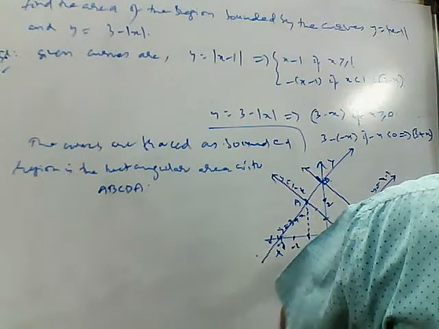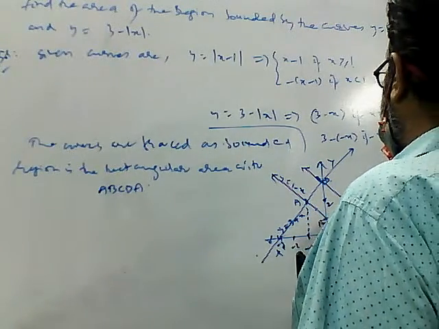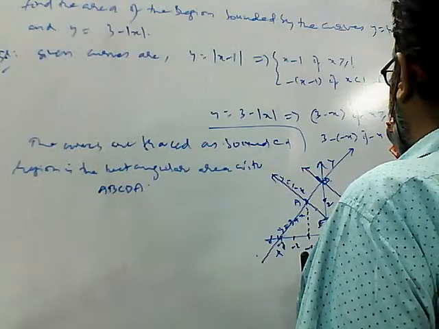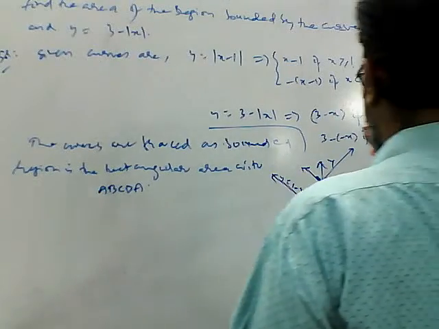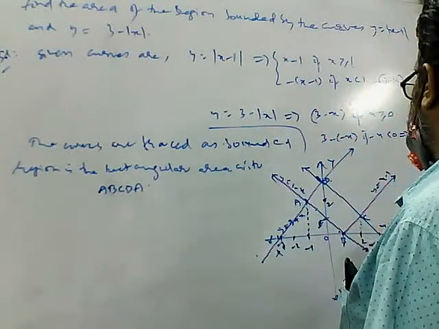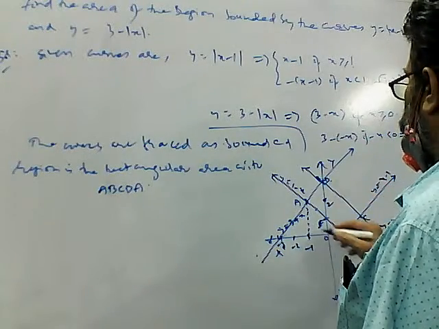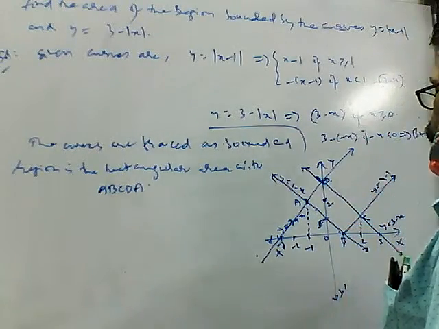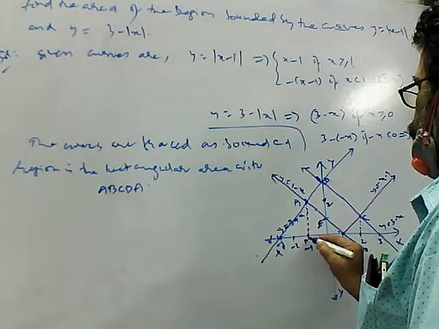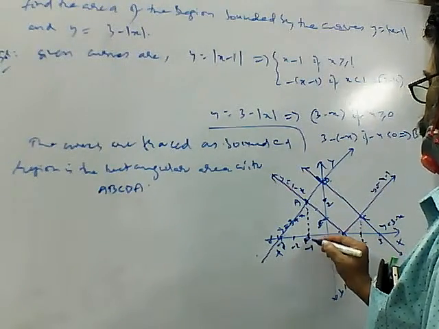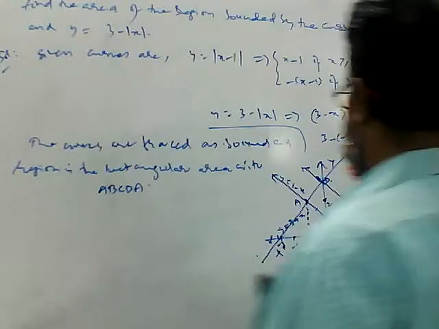This you name as E, and then this area will be taken as these limits, and these two you have to subtract. So this minus this you have to subtract. This is F.